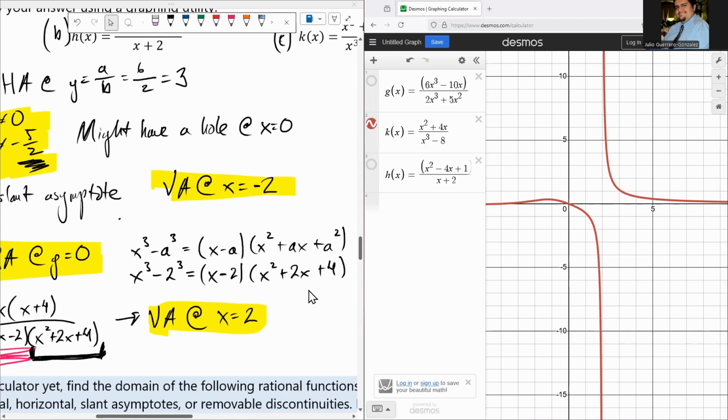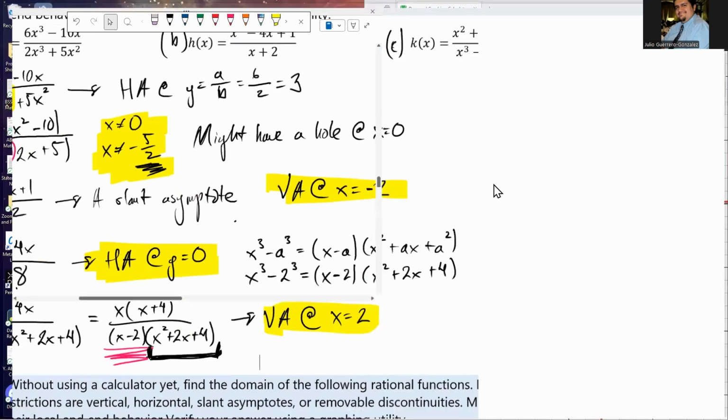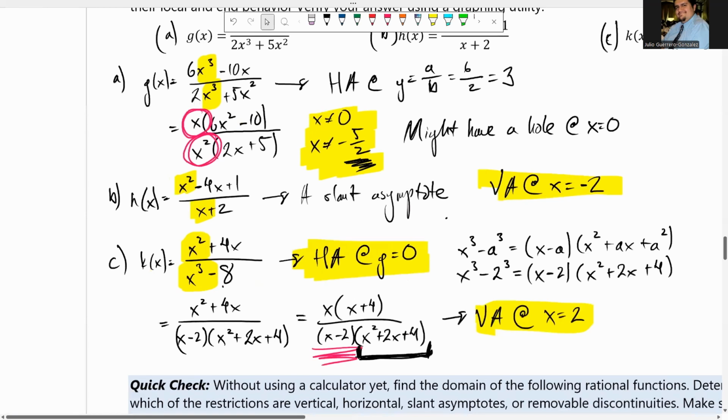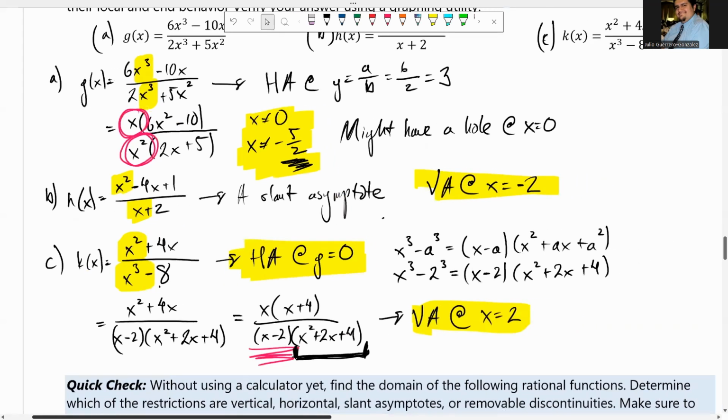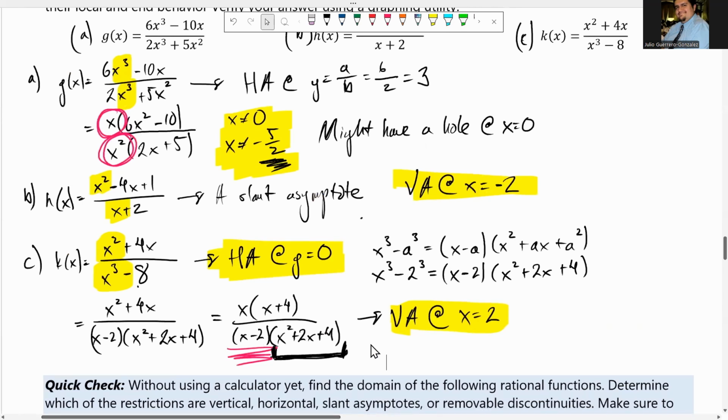Okay. So like I said, a lot of this class I want to do through Desmos a lot more than by reasoning it out. However, I do hope that you guys are able to look at these functions and at least pick out what you should and should not see.